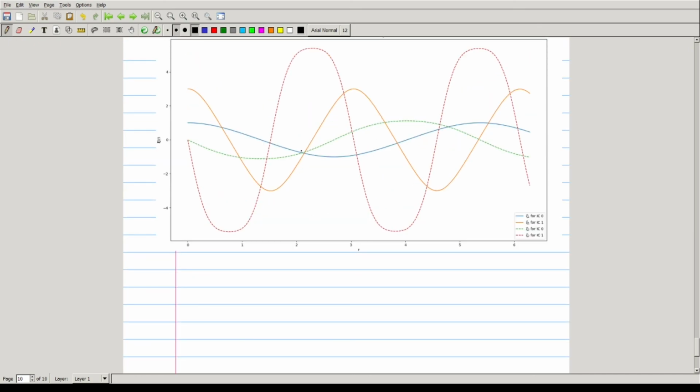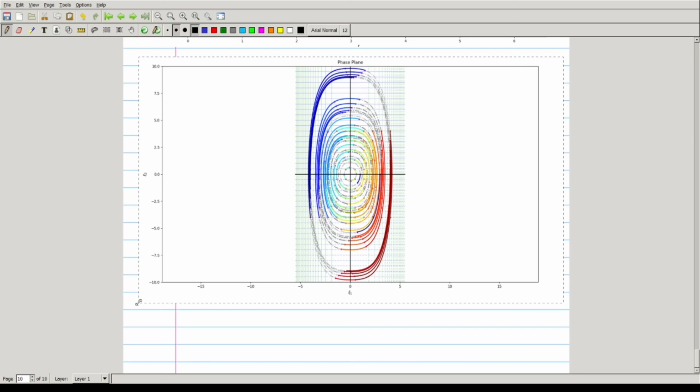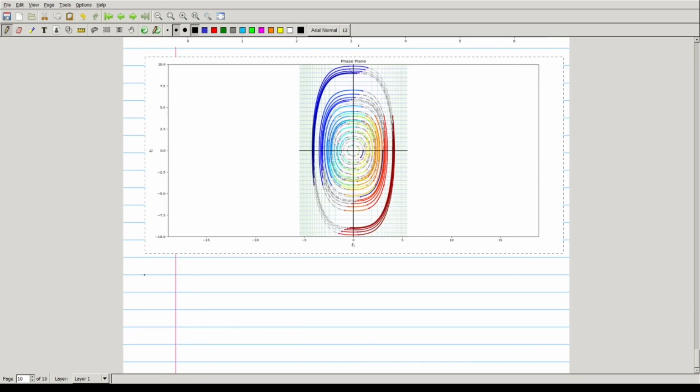It's kind of like a nice little combination of both of them. Sure enough, if we look at the phase plane diagram for this case, this is the picture that we get right here.